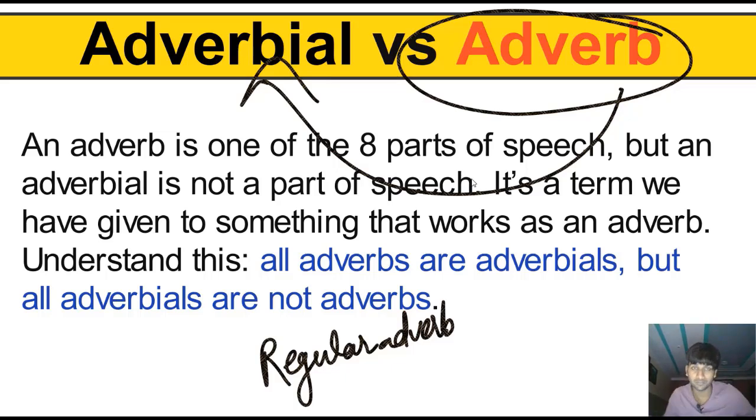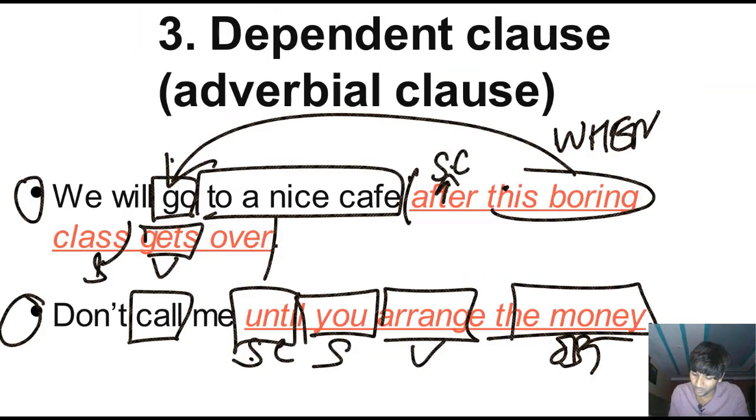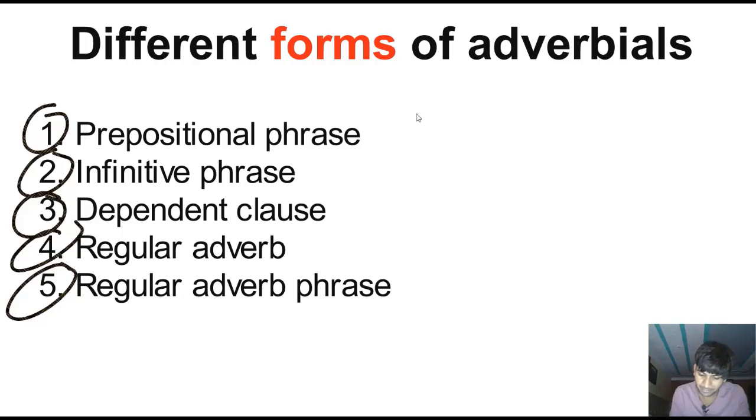They modify a verb, right? But all adverbials are not adverbs, right? So prepositional phrases are not adverbs. They can be, but they are not, right? They can function otherwise as well. So all adverbs are adverbials, but all adverbials are not adverbs. See, I want you to look at this. Prepositional phrases, infinitive phrases, dependent clauses, right? These are not adverbs, these are adverbials.